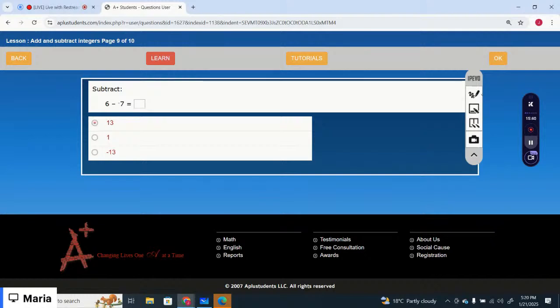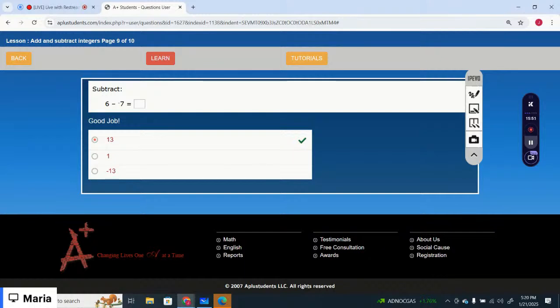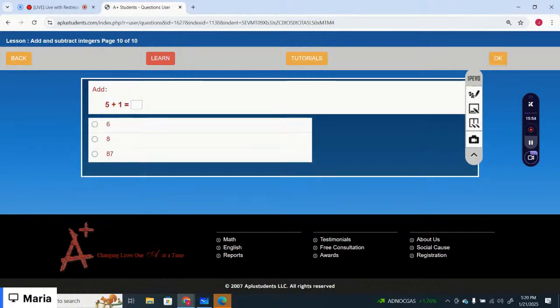You need to add 6 plus 7, which makes 13. The correct option is 13. Option number 1 is the correct option. 5 plus 1 is 6.